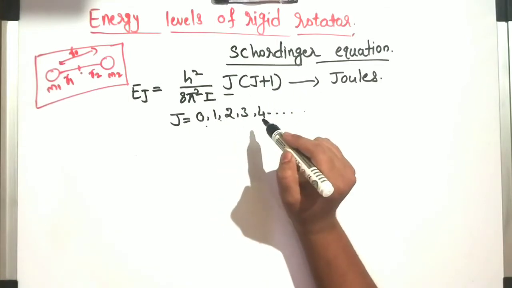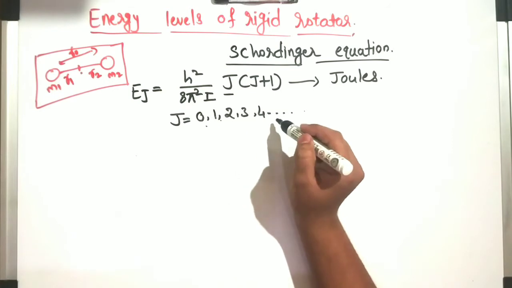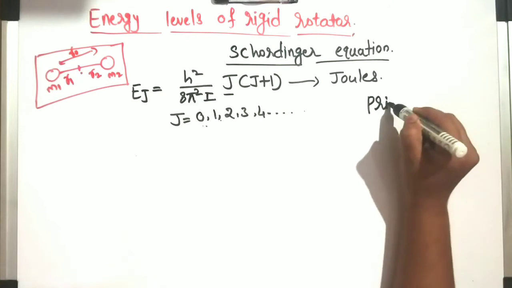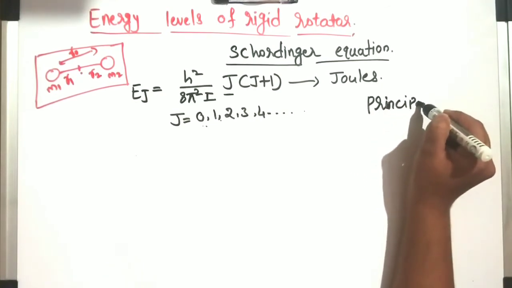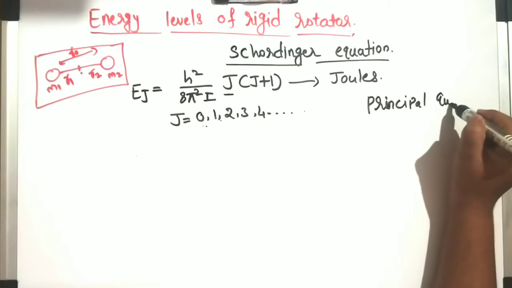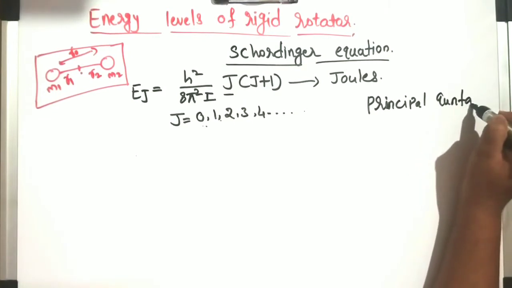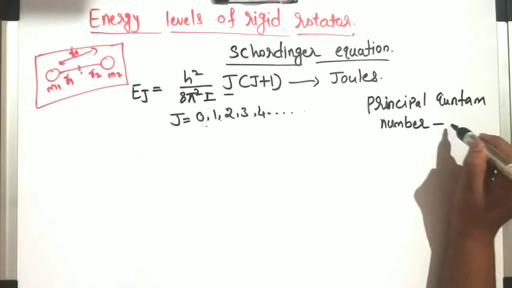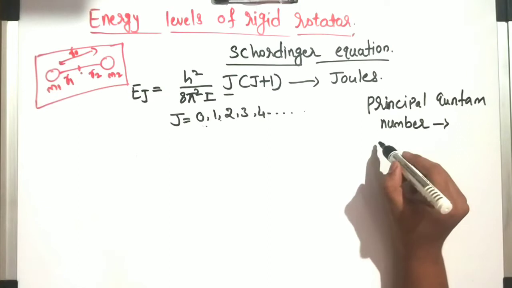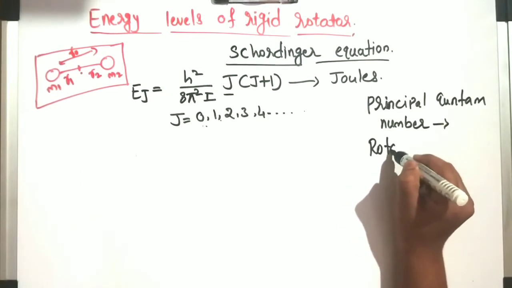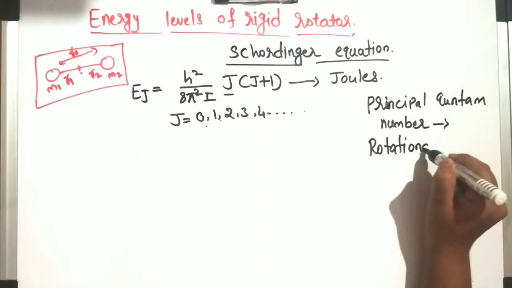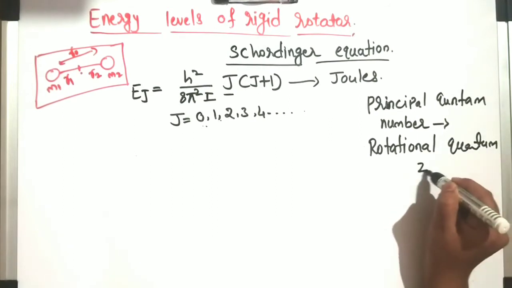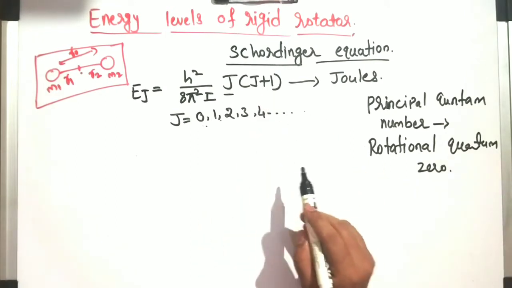But the rotational quantum number can start with a 0. So this is our Schrödinger equation.